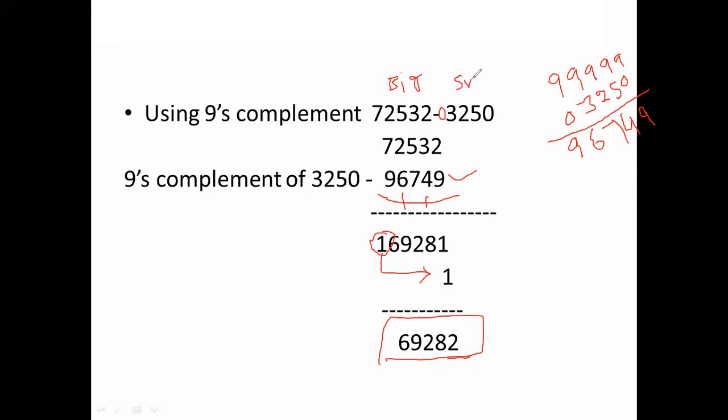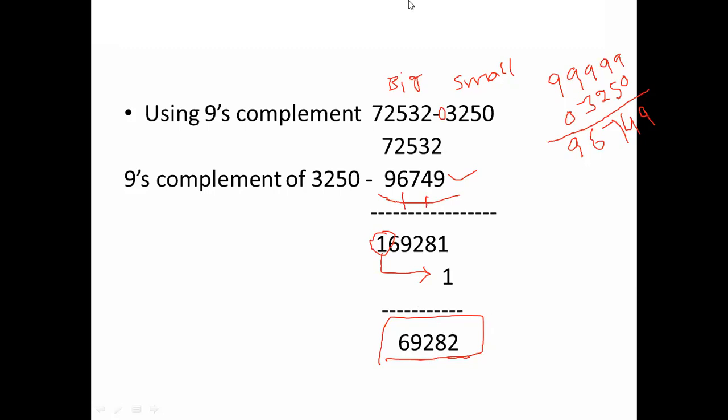That is, you subtracted a small number from a big number by using the nines complement. Whenever we subtract a small number from a big number, if any carry occurs here, that carry is added to the LSB, the least significant bit. Then we get the final result.